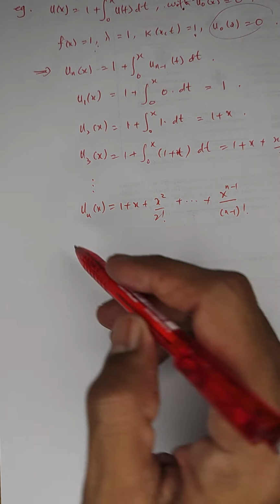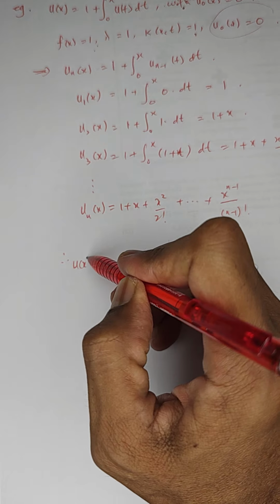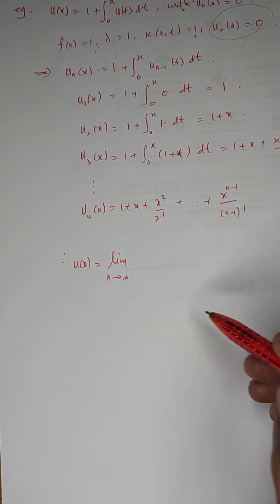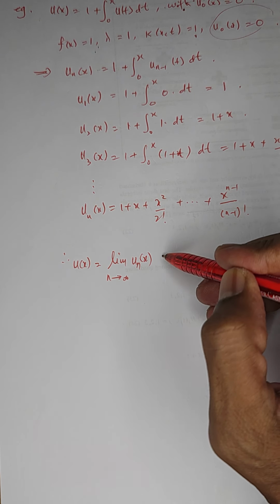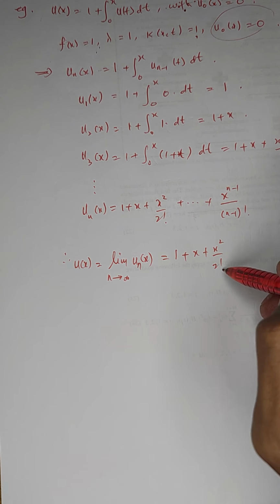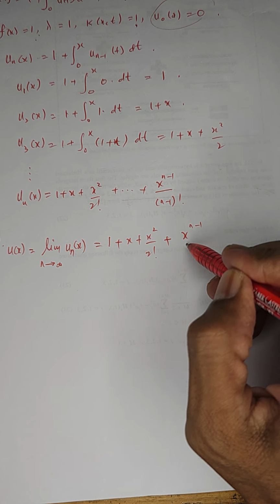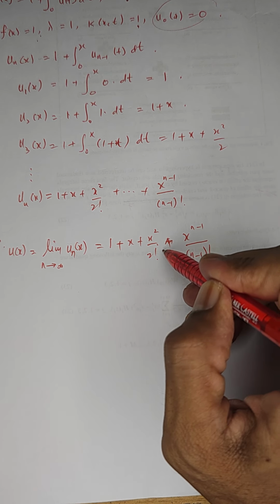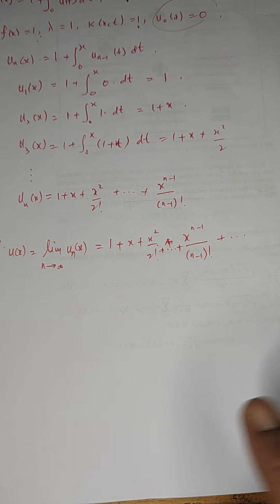And therefore, the required solution u(x) is obtained by taking the limit as n goes to infinity of un(x): 1 plus x plus x squared over 2 factorial plus, and so on.